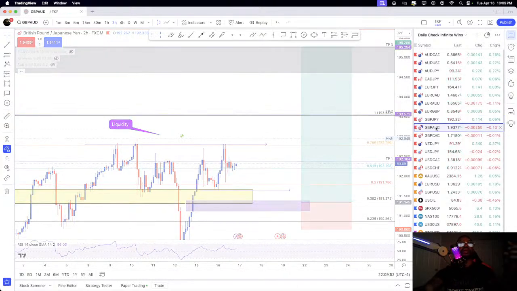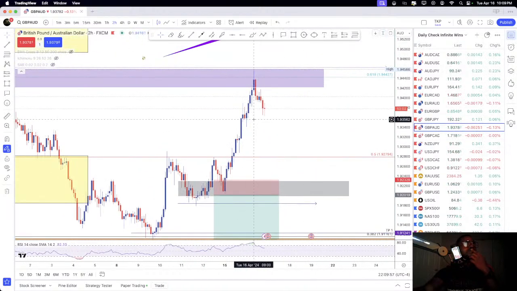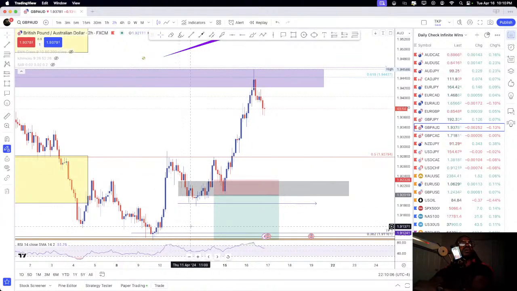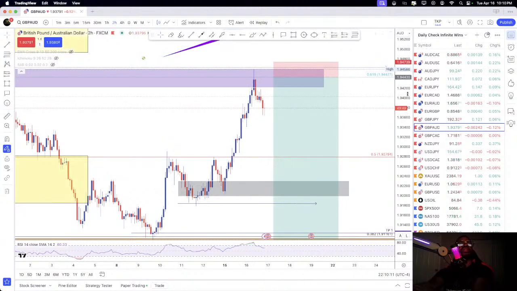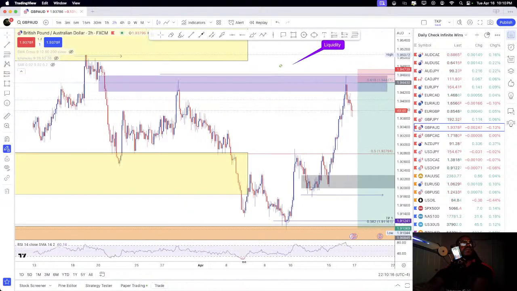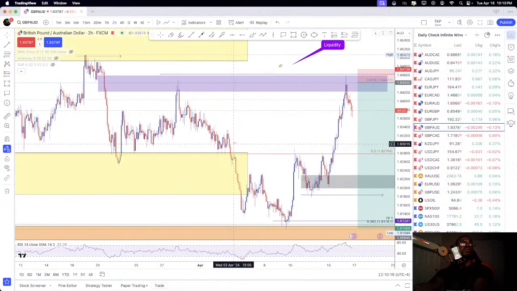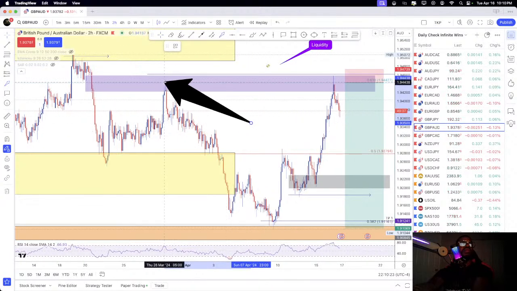Let's look at pound AUD. How did I miss that? Oh, it happened at 9 this morning. Okay, so we actually missed our entry on pound AUD. No, take that back. This was where we had that entry.